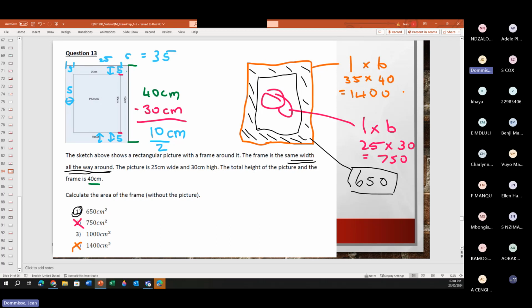Okay, does that make a bit more sense? So be very careful in reading what they give you. By saying that the width all around is the same, that triggered this.